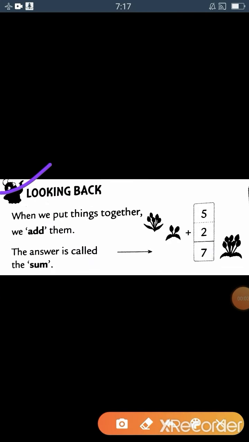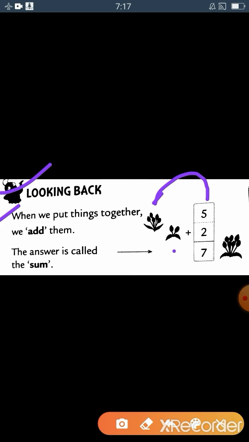Children, just see the Looking Back here. Looking back means revising the concept which you have already studied in standard 1. Children, see the first point. When we put things together, we add them. Just see here, there is a bunch of flowers in which there are 5 flowers. So they have written the number 5 here.